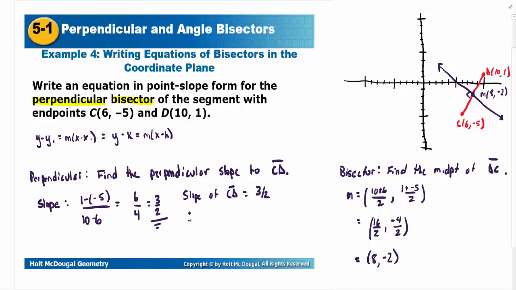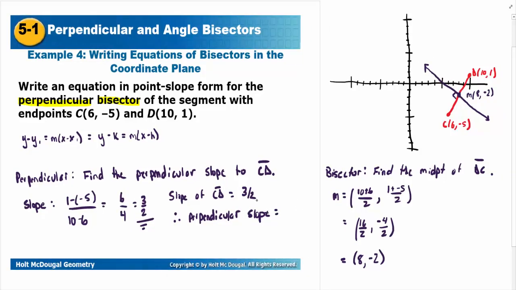Therefore, the perpendicular slope is going to equal the opposite reciprocal. The opposite would be a negative. The reciprocal would be 2 over 3. So that gives me my point, which is (8, -2), and now my slope, which is negative 2/3.